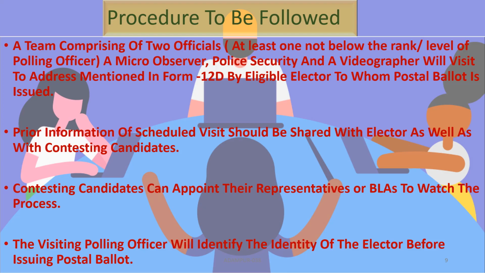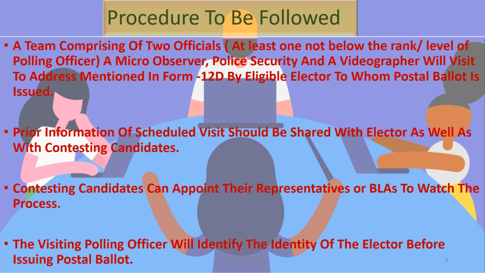Procedure to be followed. A team comprising 2 officials, at least one not below the rank of a polling officer, a micro observer, police security, and a videographer will visit the address mentioned in the Form 12D by an eligible elector to whom a postal ballot is issued.